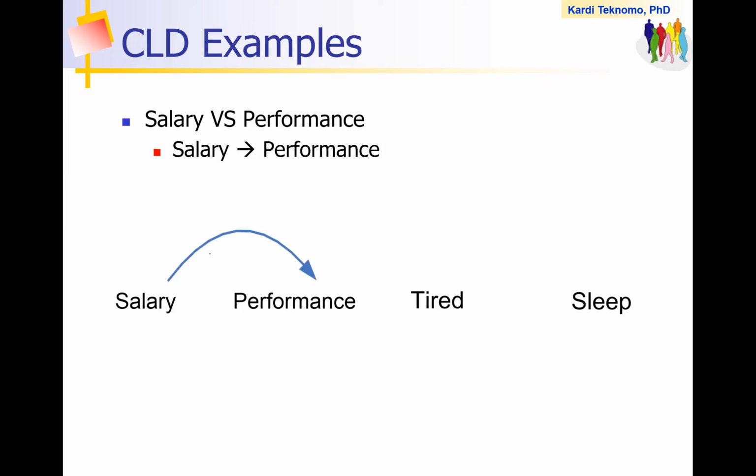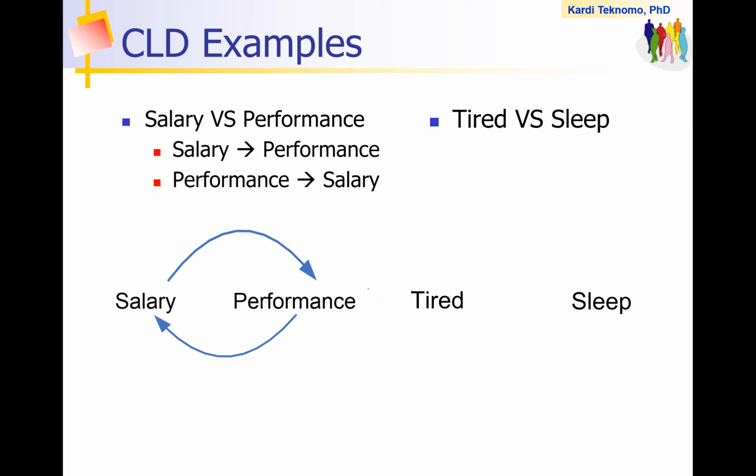So you put an arrow here. How about when your performance is increased, will your salary increase? Yeah, over time, yes. So then your performance increase, it will influence the salary. Then the second example here is tiredness versus sleep. What happened when you are tired?